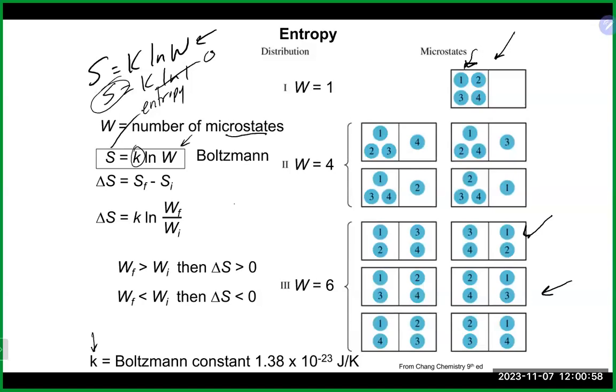If we do it for our other one, natural log of 6 is like 1.79 times k is equal to S. So obviously a much larger entropy value you would achieve for that, since the Boltzmann constant is the same in each case. So the greater the microstates, the greater the ways that you could do something, the higher the entropy value is going to be. Again, the fewer ways that you could achieve something, the smaller the entropy value is going to end up being.